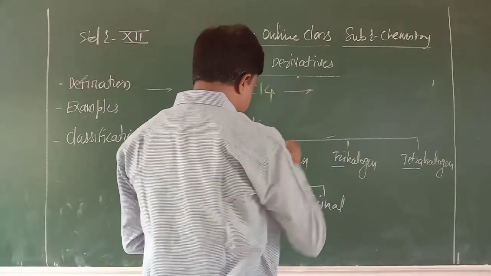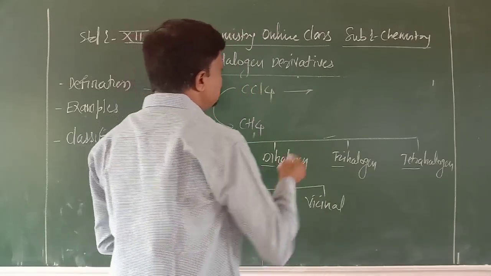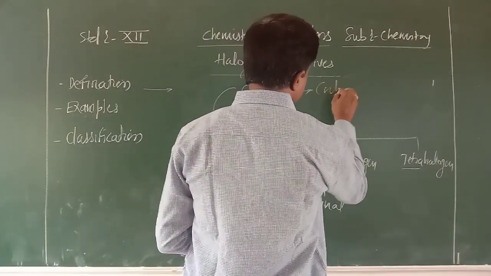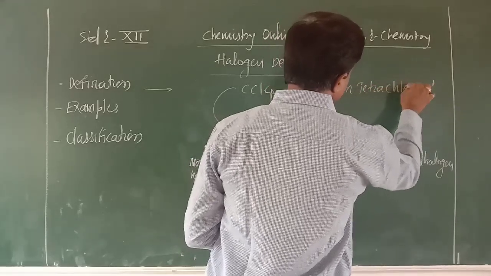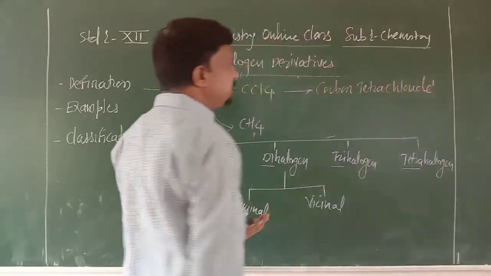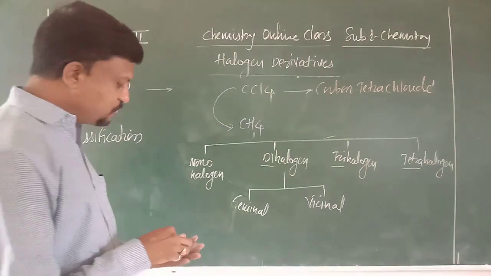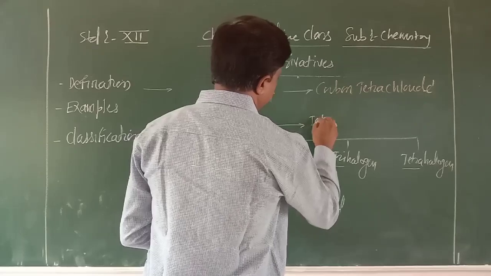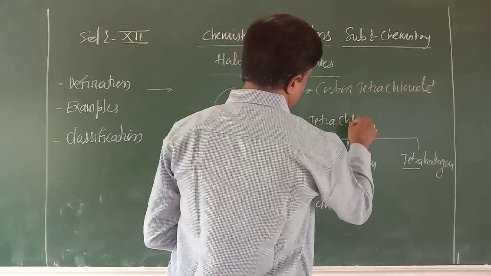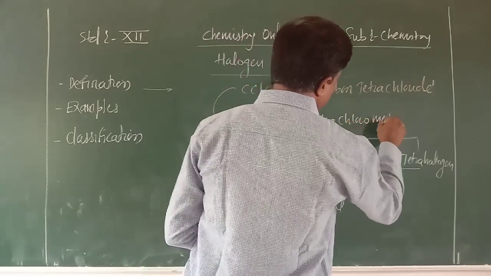What is the name of this compound? This compound is known as carbon tetrachloride. And what is the IUPAC name of this compound? It is known as tetrachloromethane.